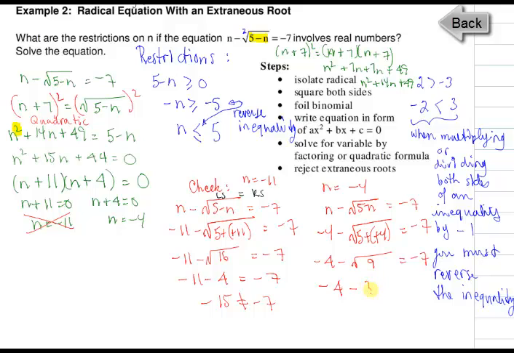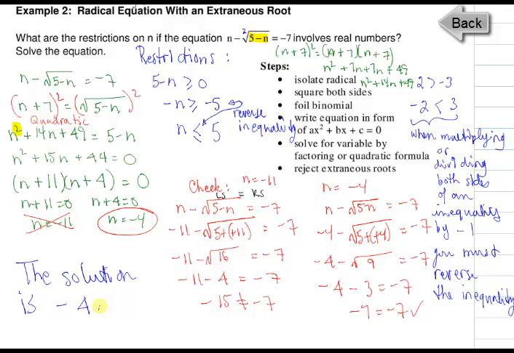Square root the 9, we get 3. And negative 7 equals negative 7, so our solution is negative 4. And you should write a sentence. Okay, the solution is negative 4. All right, and that concludes example 2.